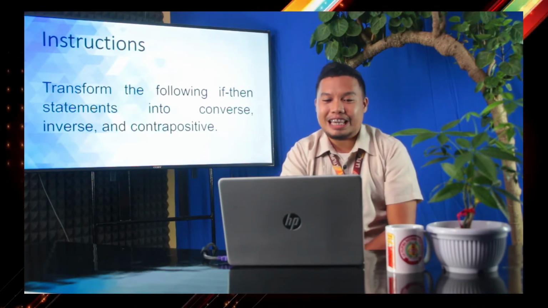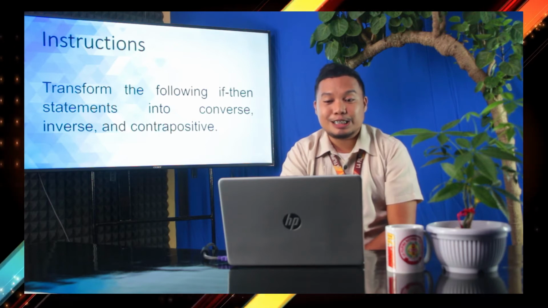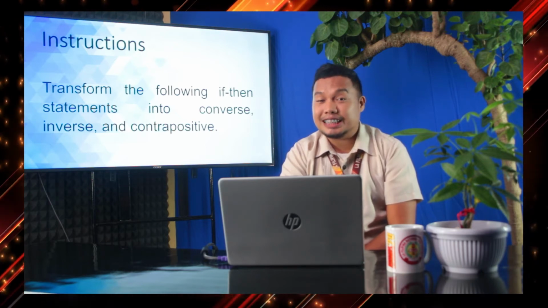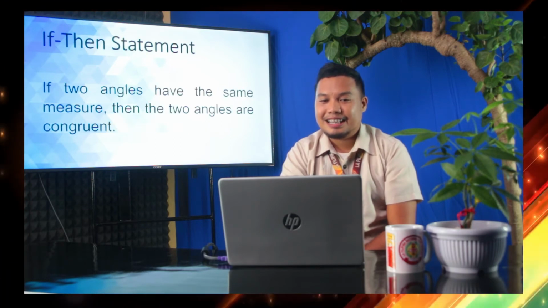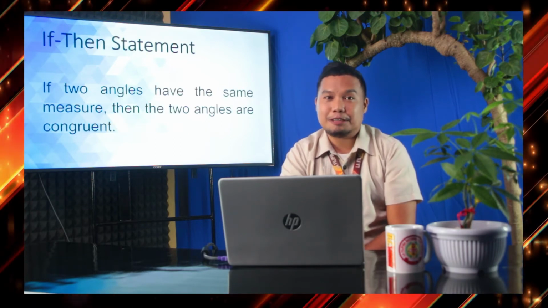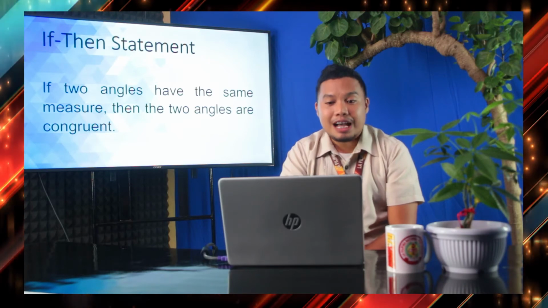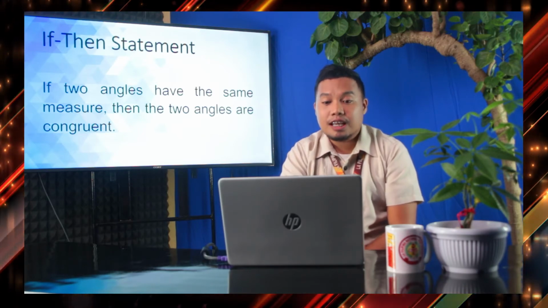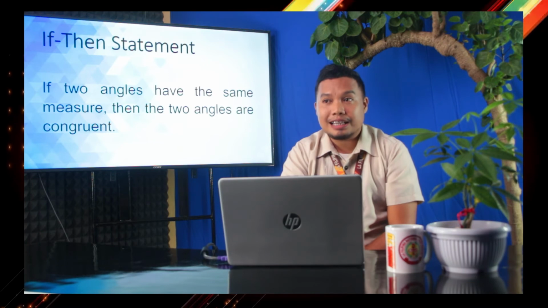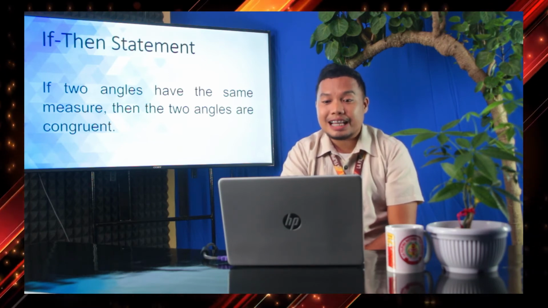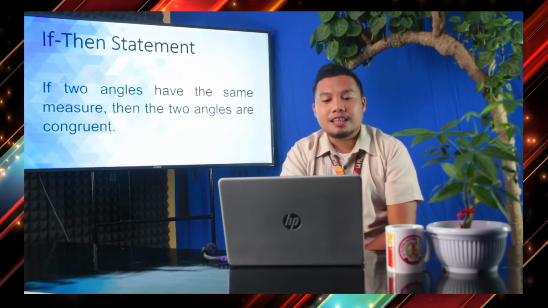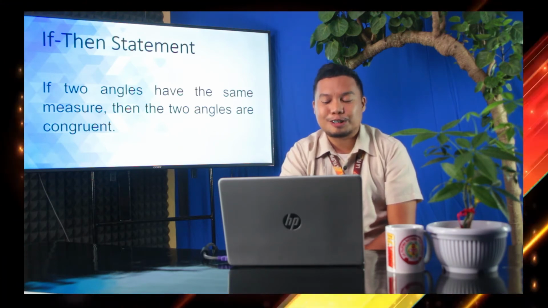Transform the following if-then statements into converse, inverse, and contrapositive. This is now the if-then statement: if two angles have the same measure, then the two angles are congruent.